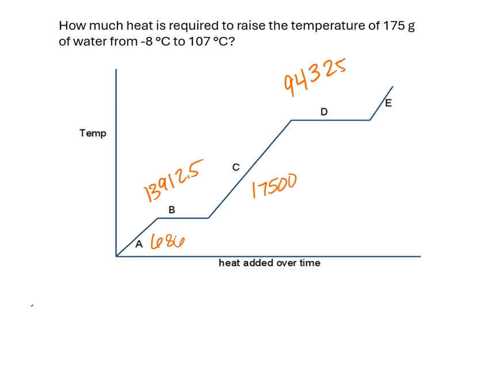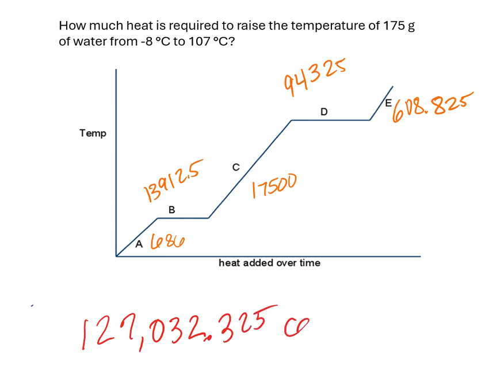And then if we look at E, which was the energy associated with heating the gas, after all the liquid was converted to gas, that value was 608.825. So if we take all 5 of those values and add them together, that gives us 127,032.325 calories.